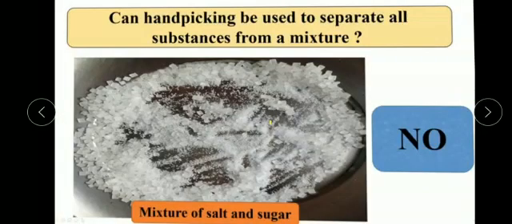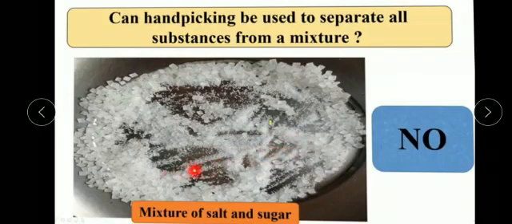Okay, so now answer the question for me. Can hand picking be used to separate all substances from a mixture? Before answering, look at this picture. This is a picture of a mixture of salt and sugar.